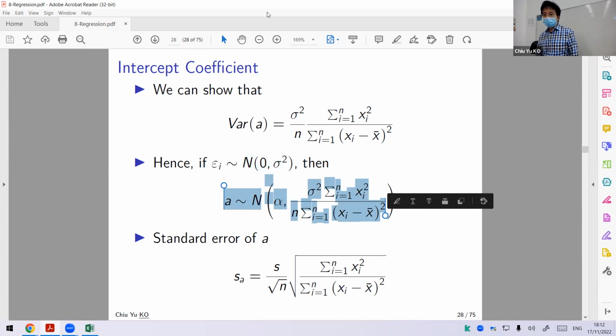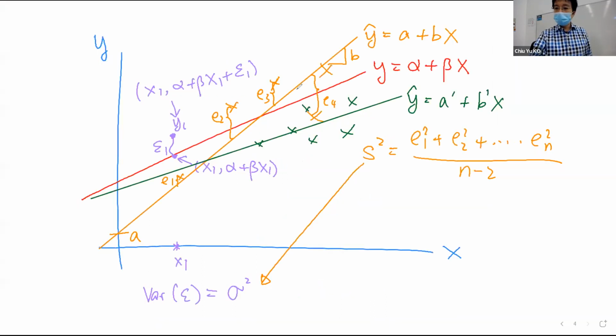It means that if the error you have is bell-shaped, your intercept is also bell-shaped.